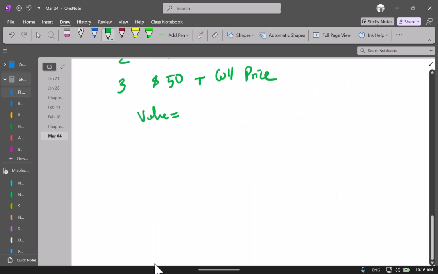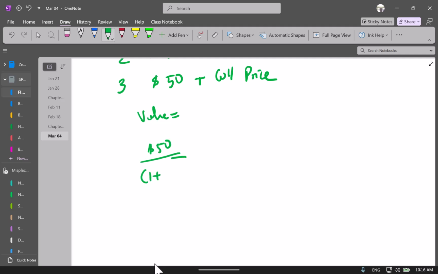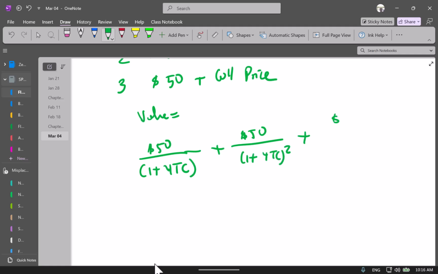Normally, the value of the bond using yield to call is $50 over 1 plus yield to call, plus $50 over 1 plus yield to call squared, plus 1150, because that's what you're going to get at the end of year 3 if it is called.